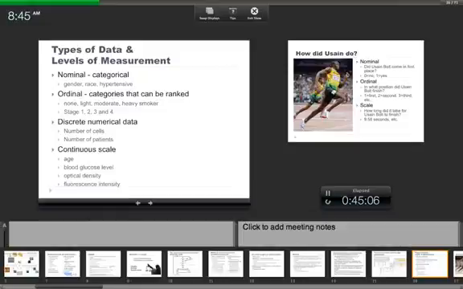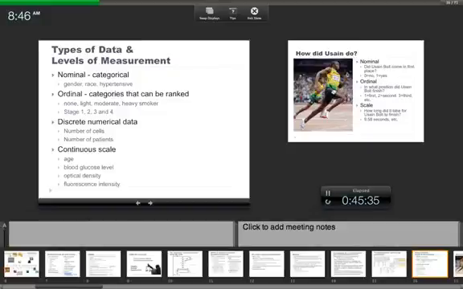These are not continuous variables. You're either stage 1 or stage 2. There's no stage 1.5 or stage 1.75. But these represent categories that can be ranked. So stage 4 is worse than stage 3, which is worse than stage 2, etc.